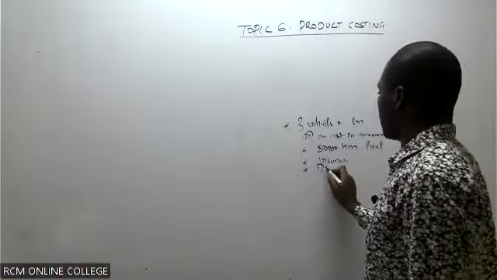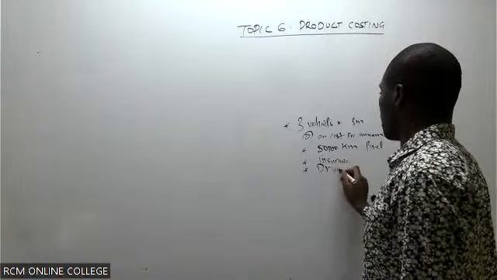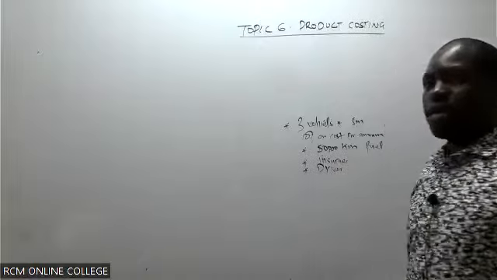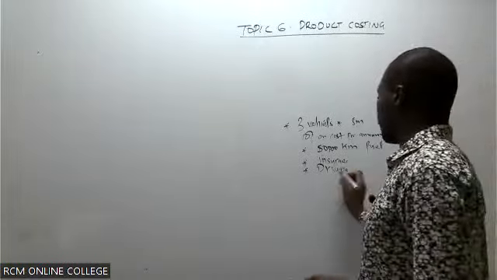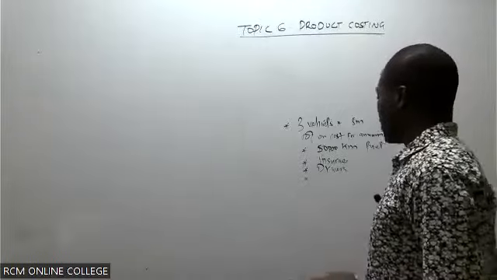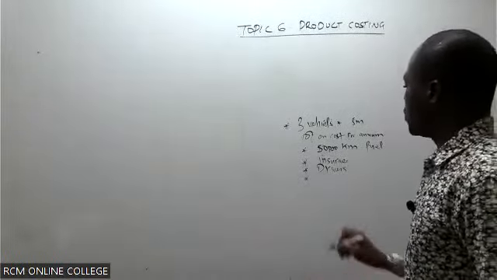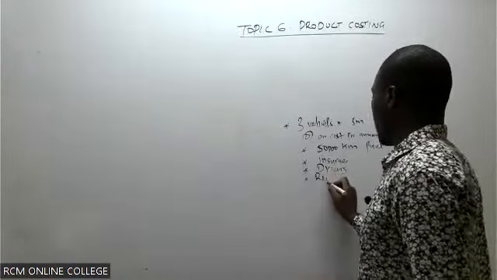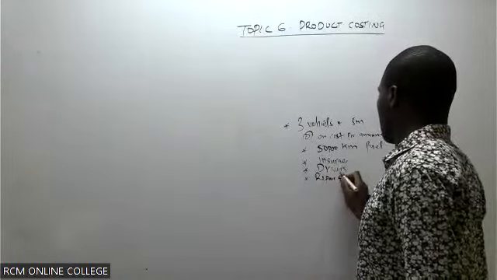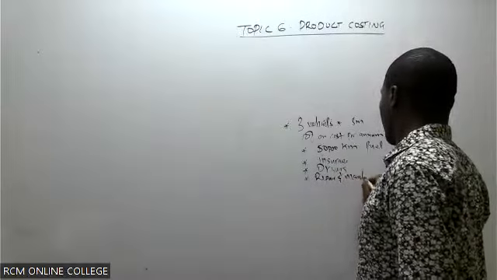Here, you're going to employ drivers who will be paid at the end of every month. You're going to pay drivers. These vehicles, you must do repair and maintenance or even service. So let's talk about repair, maintenance.